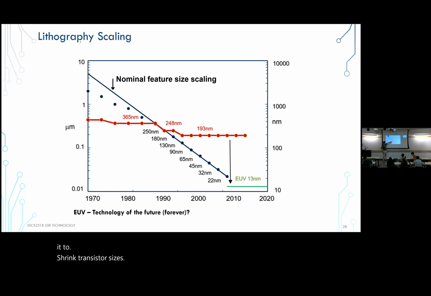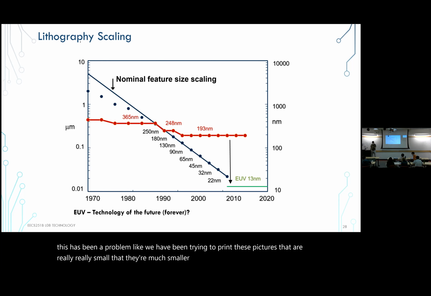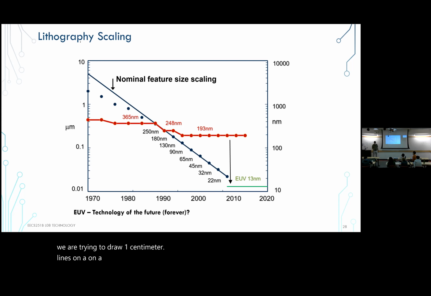This has been a problem. We have been trying to take these pitches that are really, really small, much smaller than 193 nanometers, with a wavelength of light that is much wider than that. Somebody will say we are trying to draw 1 centimeter lines on a canvas by using a 3 centimeter paintbrush.